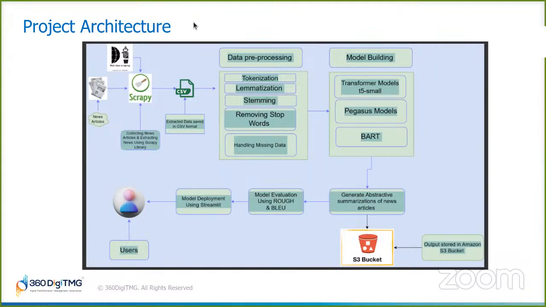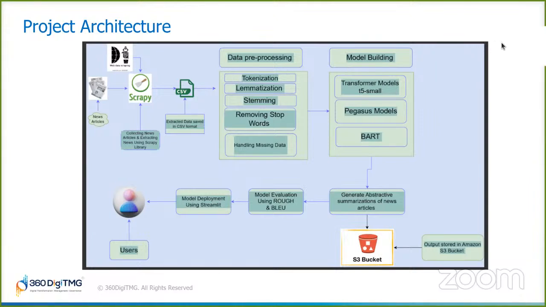After that, coming to the model building, we have used pre-trained models like transformer models, Pegasus models, and BART. From these, we have chosen the best model, which is the transformer model T5 small. It is compatible and doesn't require CPUs and TPUs.